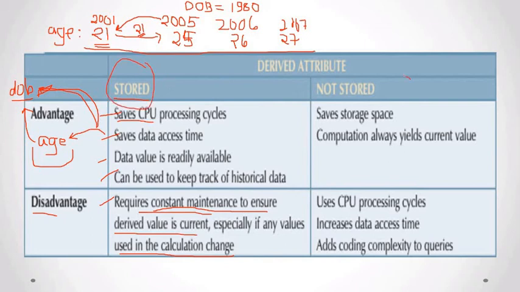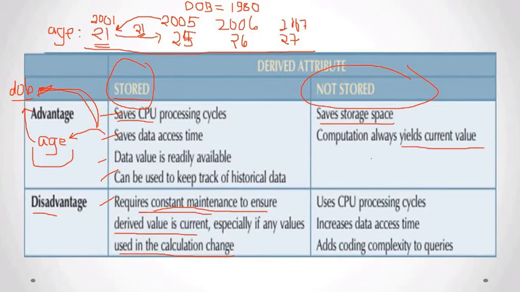And then not storing. What are the advantages? It saves storage space. Because you are not storing it, then obviously it won't require any space. Anyway, the saving could be justified because you can recalculate that. Another advantage is it will always yield a current value.